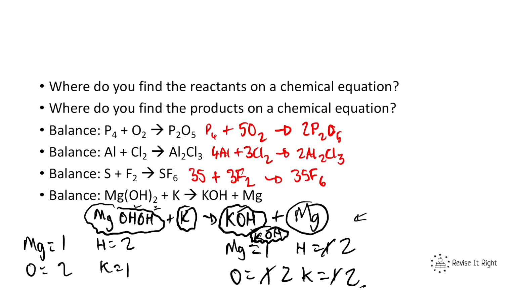So we need 2 lots of K. Well, we can see here that there's 1 lot of K on its own, so it's very easy just to do another K, and that then gives you 2.